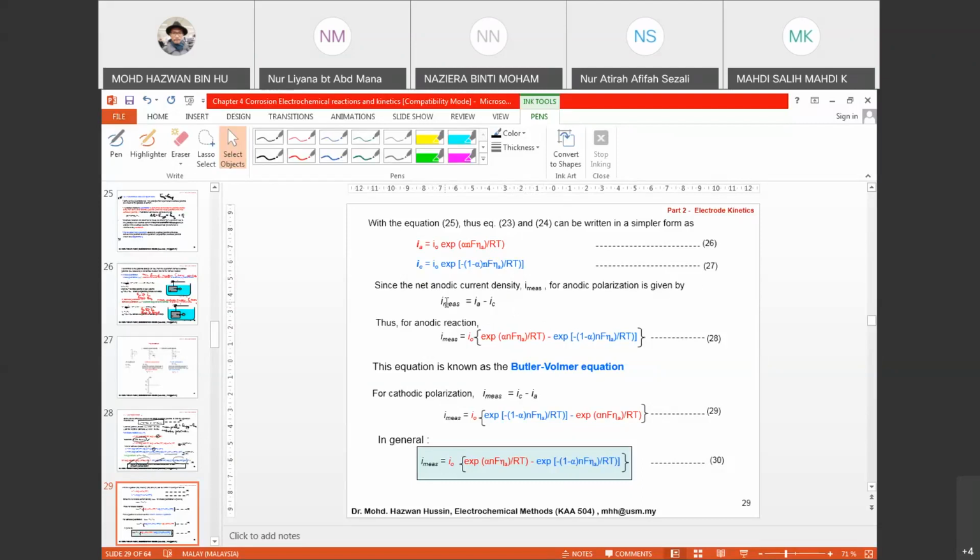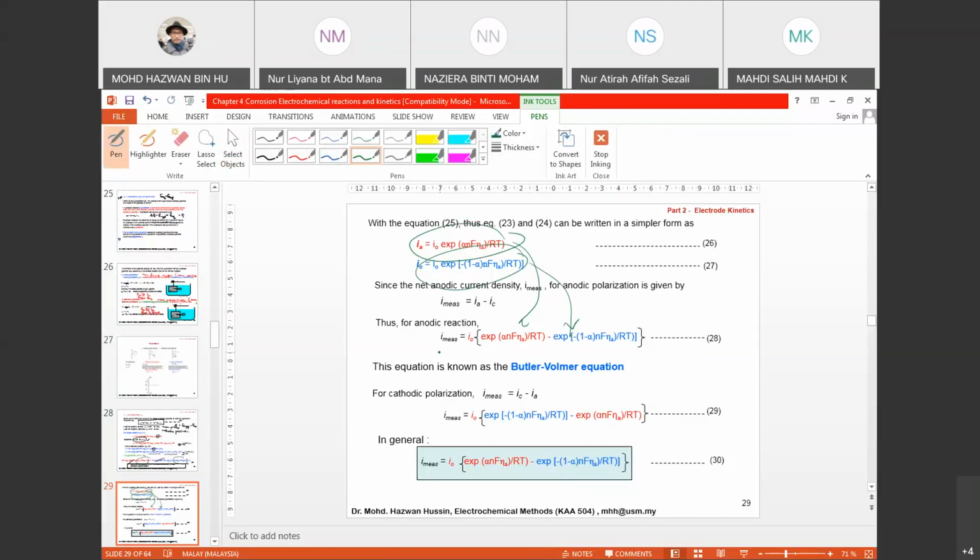Okay. So since the anodic current density, which is actually the measured current density for anodic polarization, is given by the anodic current density minus the cathodic current density. Thus, for the anodic reaction, you can substitute this term into this one, because it's minus.